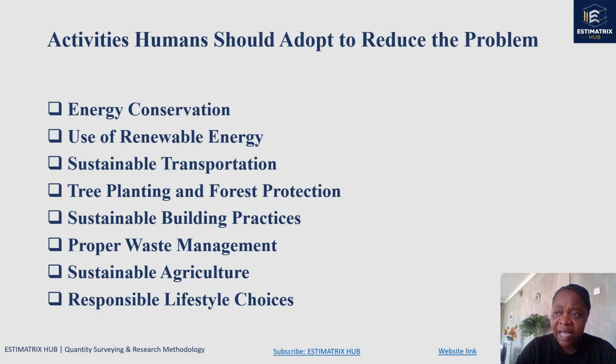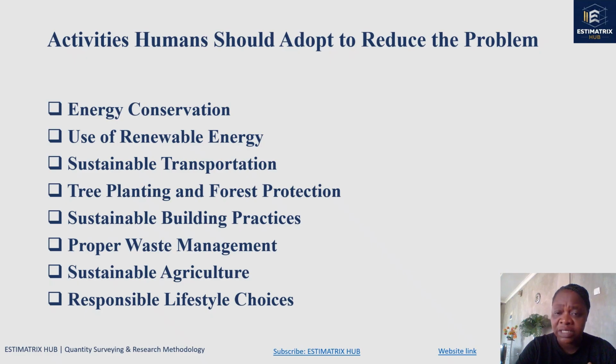Then we want to look at the activities we need to adopt for us to have a world that we can live in and enjoy. Look at the first activity we can imbibe: energy conservation.